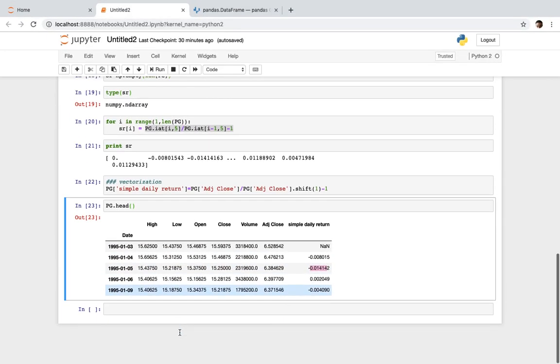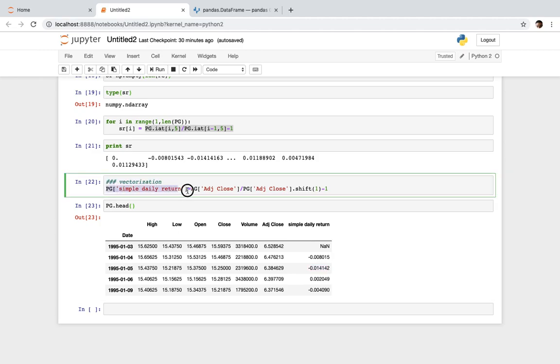The other advantage is that doing this puts the result directly into the data frame, while the previous way puts the result into an array. You can write PG of simple daily return equal SR, and throw the result from SR into the data frame, but this can directly put the results into the data frame.